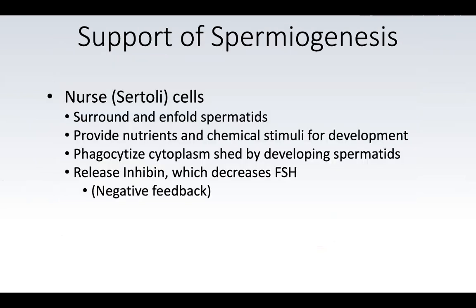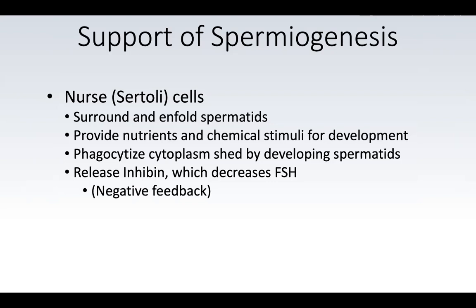So let's talk about the hormones that regulate nurse Sertoli cells. The big one here is follicle stimulating hormone. Follicle stimulating hormone is one of the hormones that is produced and released by the anterior pituitary gland we talked about earlier this semester. The anterior pituitary gland is also known as the adenohypophysis, just as a reminder.